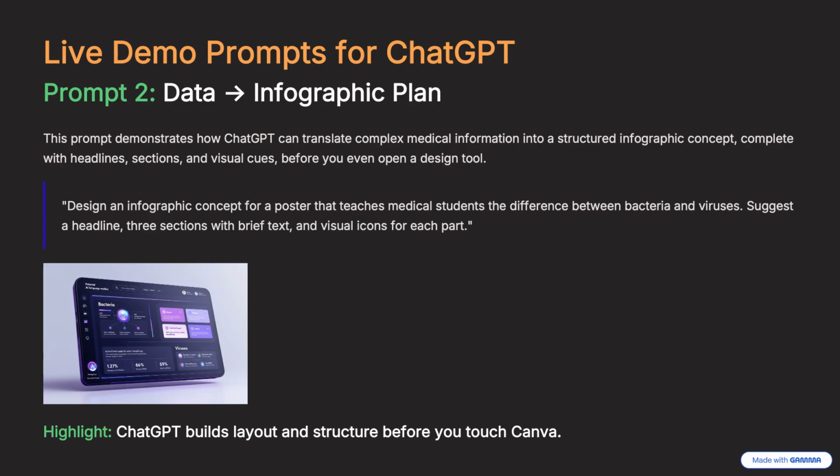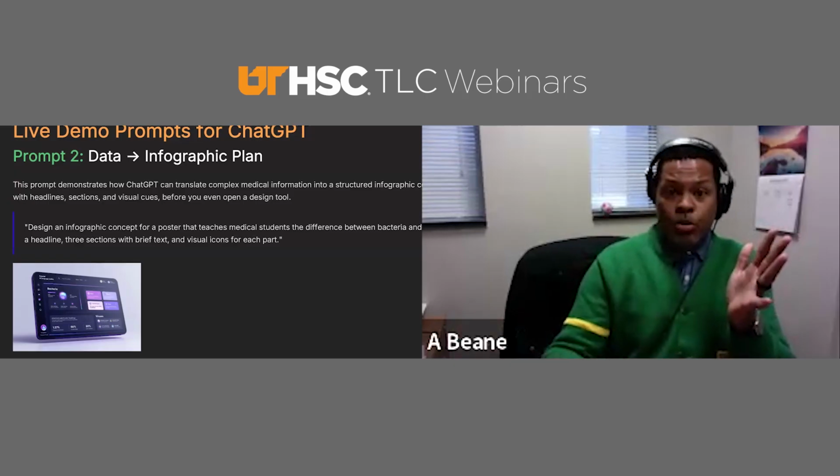Okay, so this was something that I did earlier. This is a prompt demonstrating how ChatGPT can translate complex medical information into a structured infographic concept, complete with headlines, sections, and visual cues before we even go to the design tool.